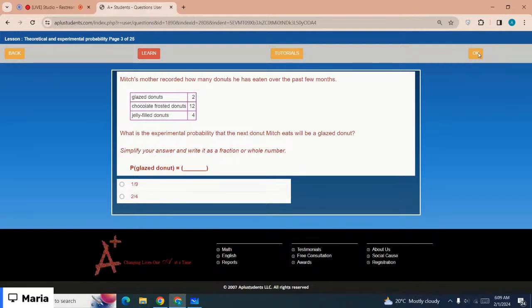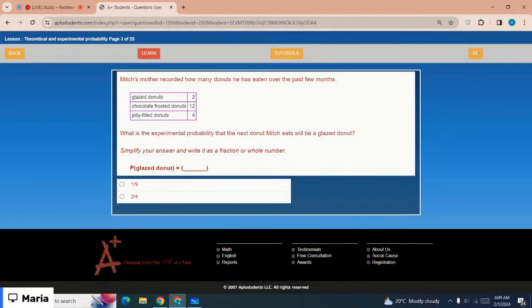Okay, the next one is Mitch's mother recorded how many donuts he has eaten over the past few months. What is the experimental probability that the next donut Mitch eats will be a glazed donut, right? So the glazed donut is 2, right? And the total donuts are 18, right?